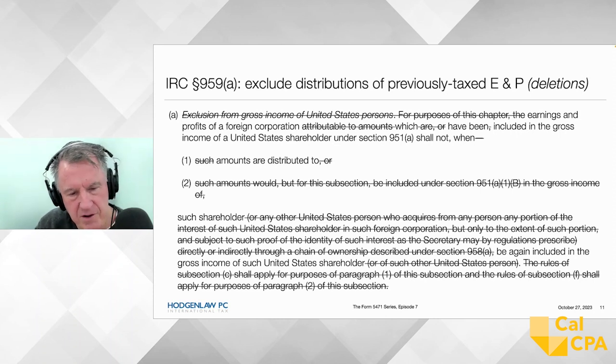And you'll see down in the bottom full paragraph, the flush left text, there's a parenthetical that applies to when a U.S. shareholder transfers stock to another U.S. person, well, who gets the exclusion? We're not playing with that game, so I can delete all of that. So in other words, I try to clean out all the stuff that doesn't matter, weed the garden. And so I can look at just the words that are important to me.